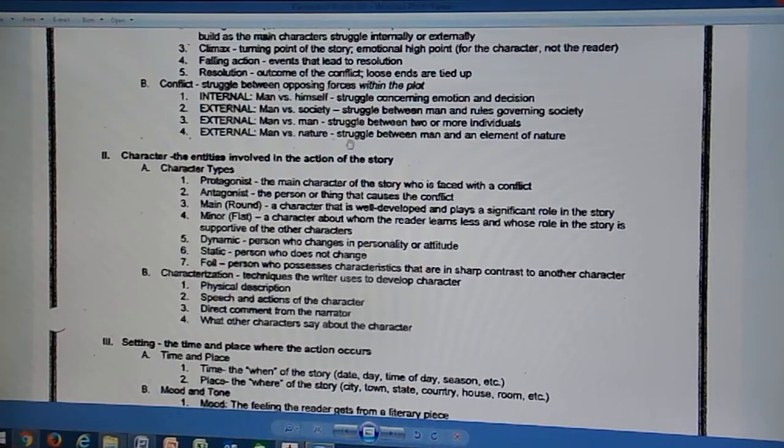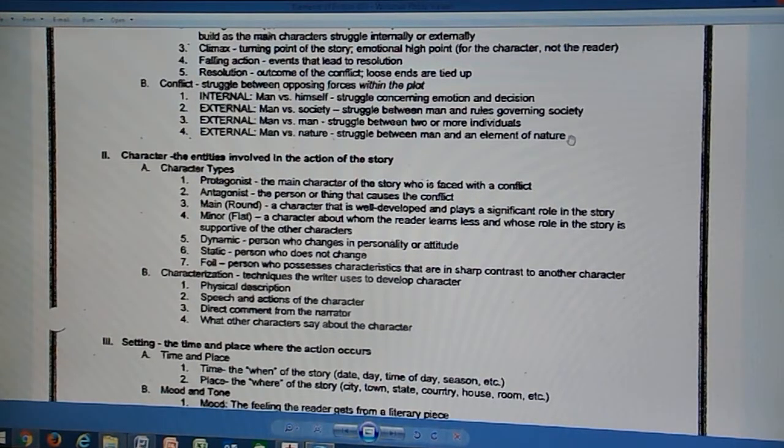And then, of course, there's man versus nature, where you have a character that's struggling against some sort of force of nature, whether it's floods or fires or just survival in the elements. I always go back to one of my favorite novels as an example of this, Gary Paulson, where we read about him and the bear.